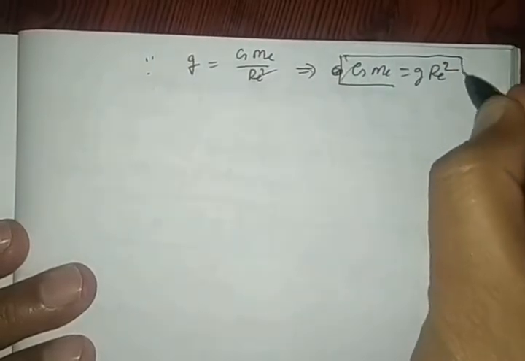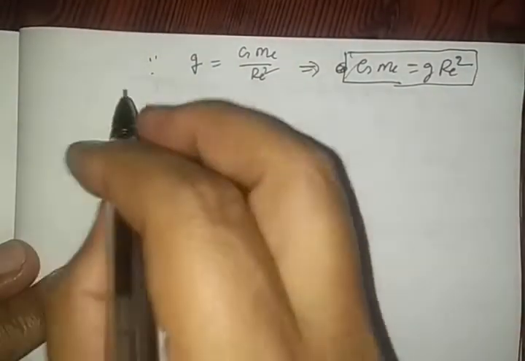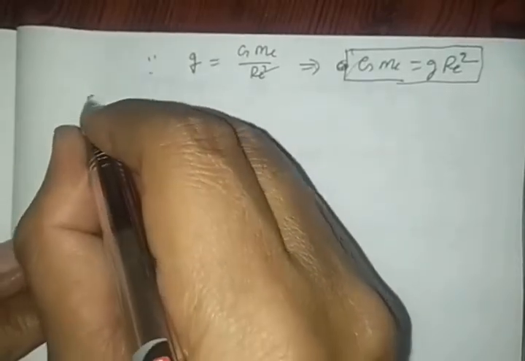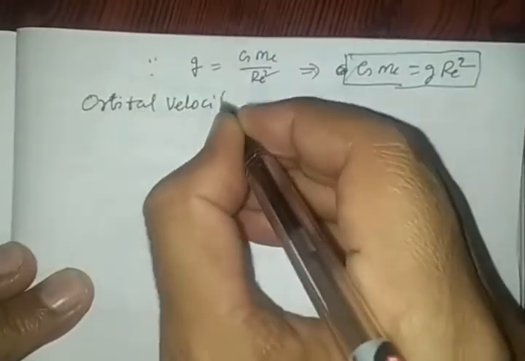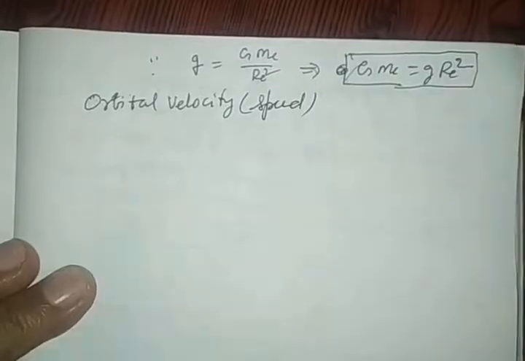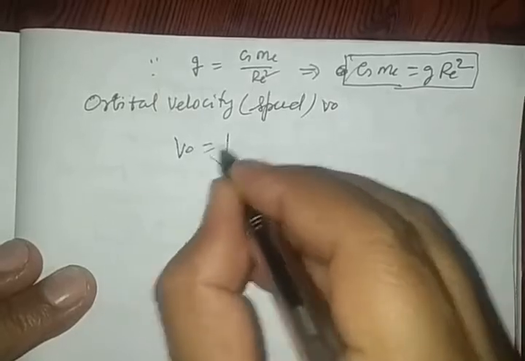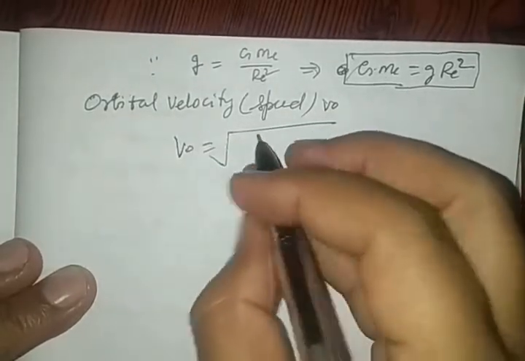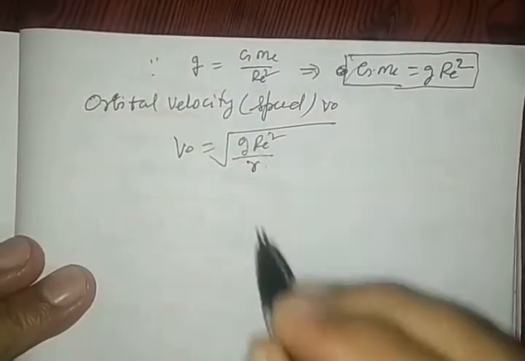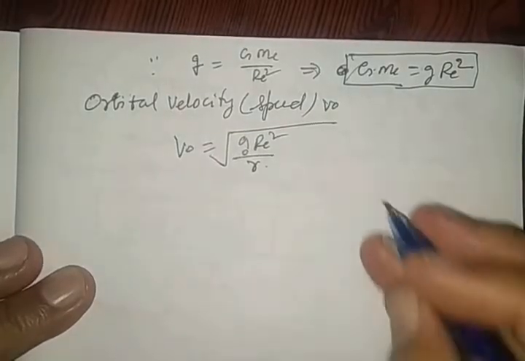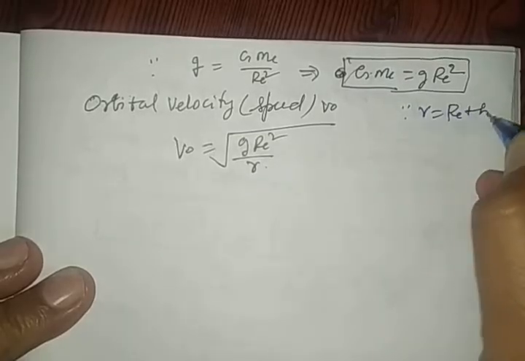So in place of G ME, we can put g RE square, then the previous equation can be written as orbital speed VO is equal to under root g RE square by R. But we also know that R is equal to RE plus h.